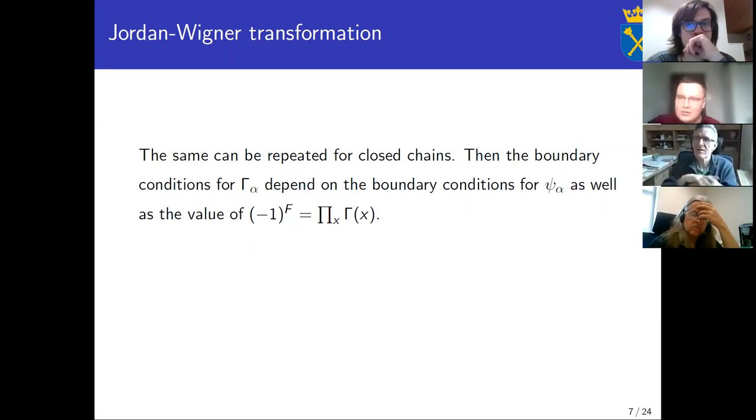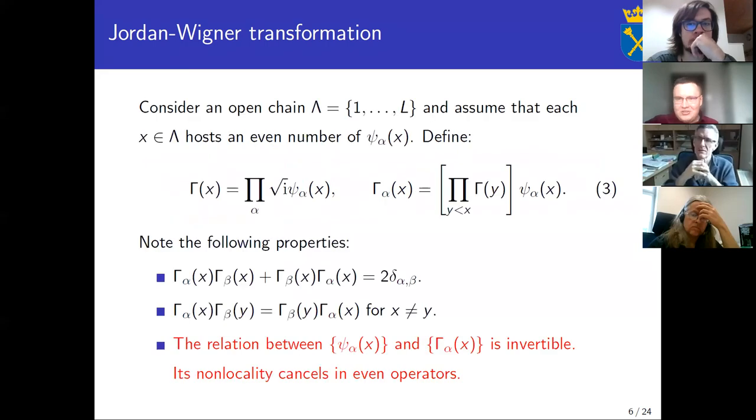No, as far as I know, there is no way to treat them democratically. So you need to say which lattice site is first and which one is the last, and you use this formula. Now, if your initial fermions have some periodic boundary conditions, then what does it mean?